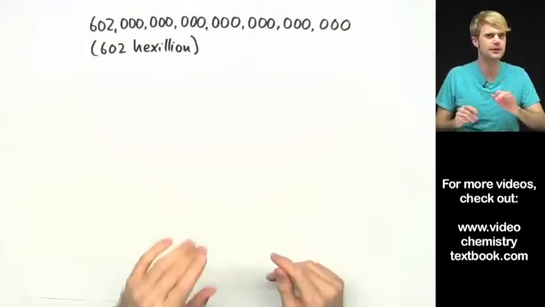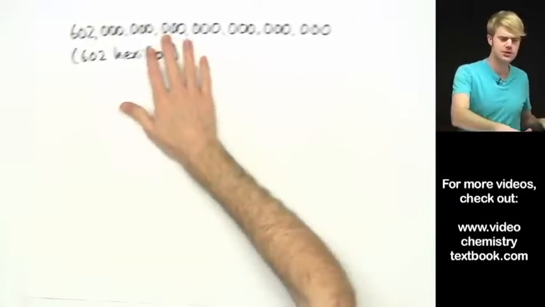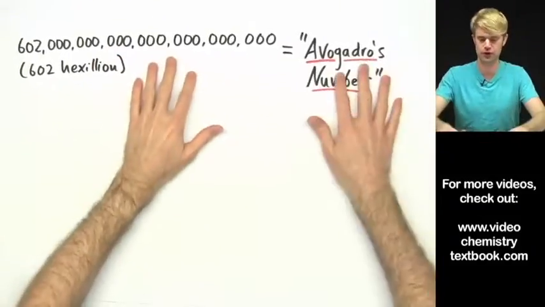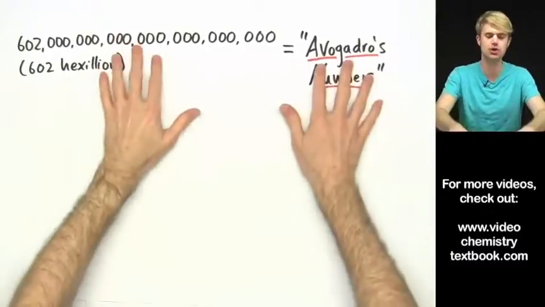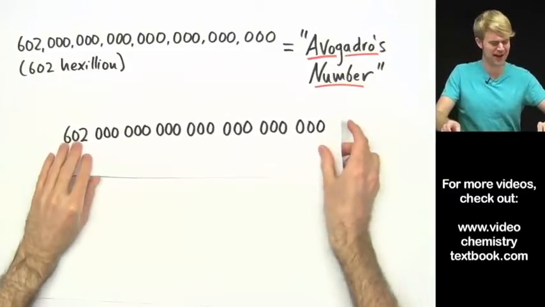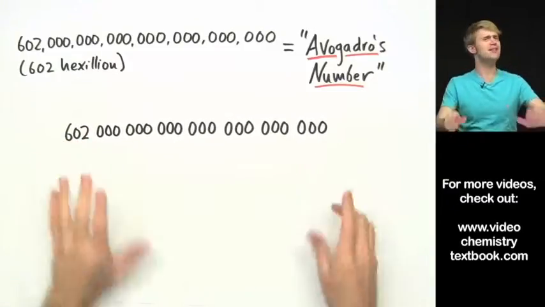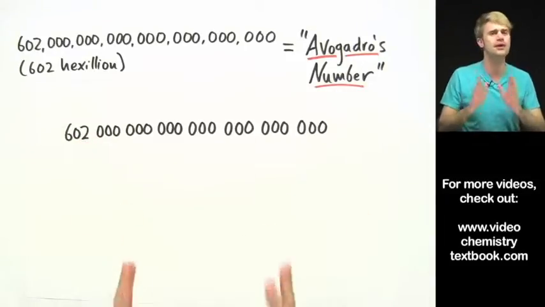Now let's talk a little bit about this actual number, 602 hexillion. This number is often referred to as Avogadro's number in honor of the Italian scientist who discovered it. But now, check this out here, right? 602 hexillion, this is a gigantic number. 602 with 21 zeros after it.